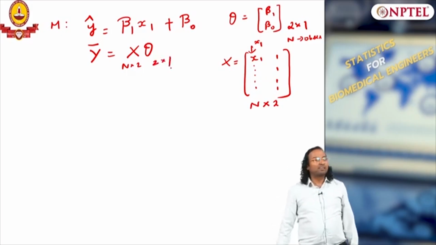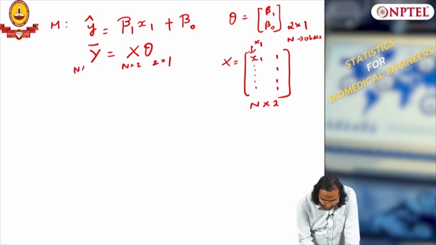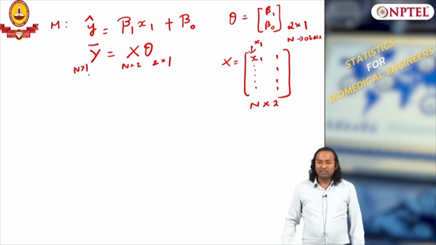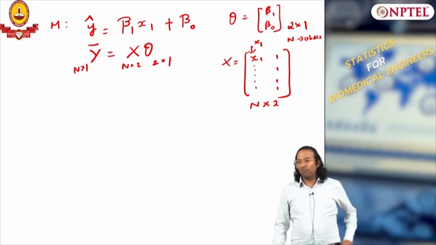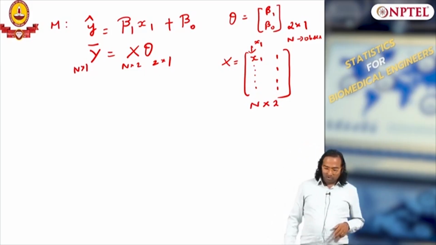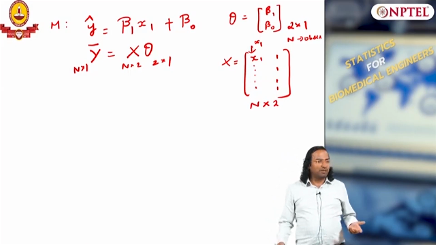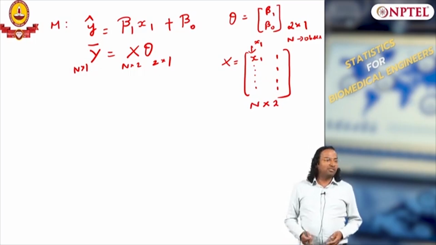So, that is n cross 1; y hat is going to be n cross 1. This is in a compact matrix form, right, make sense. Okay.